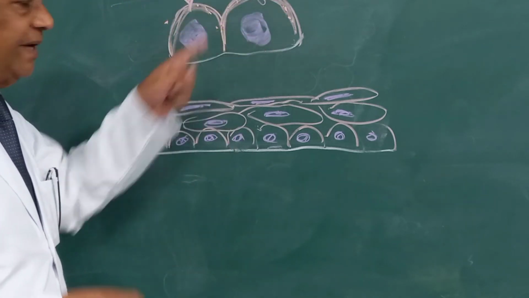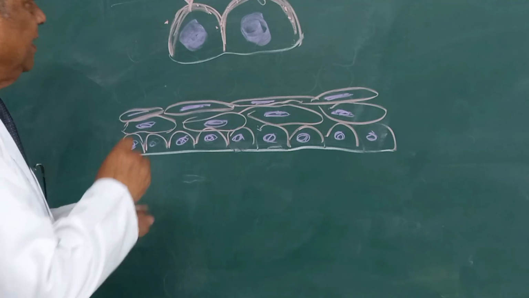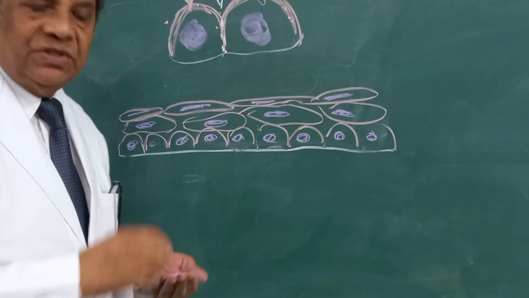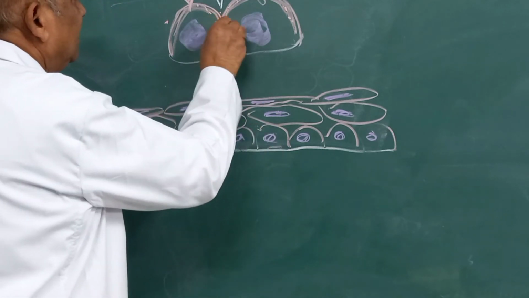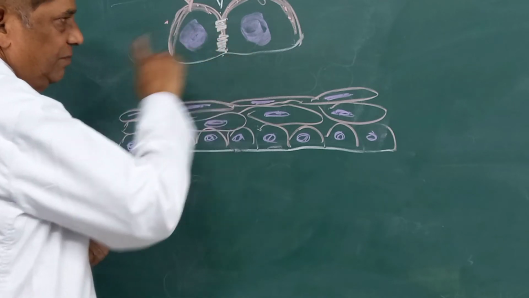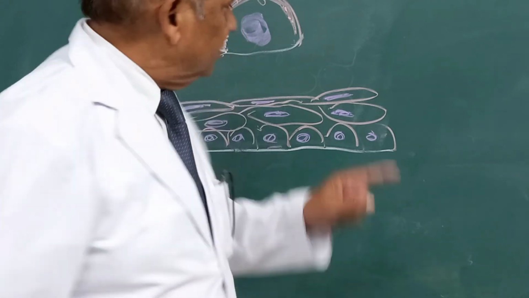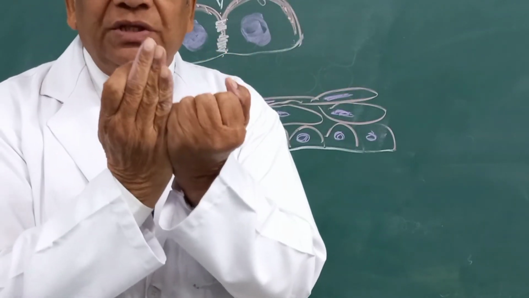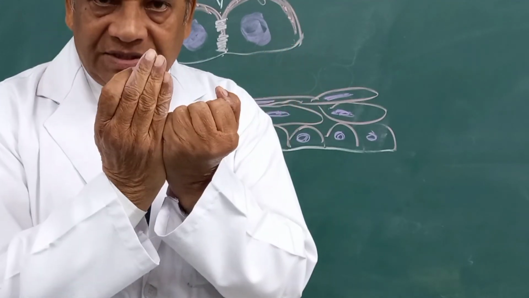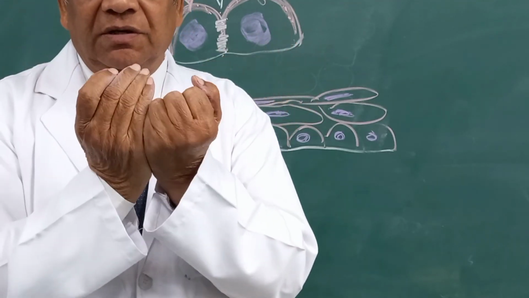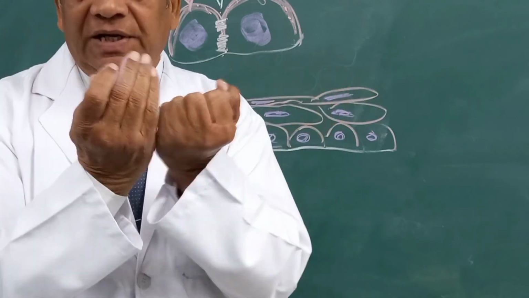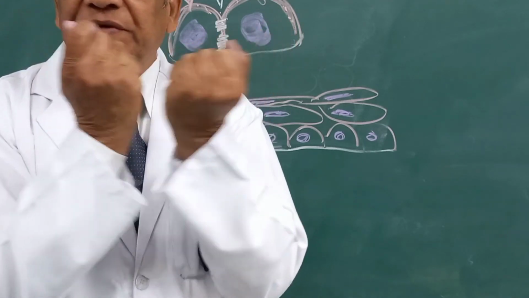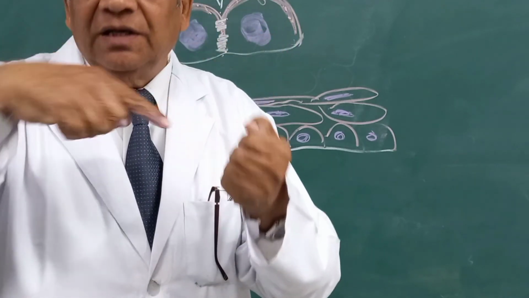This is true for the apical surface. What about the area between the two cells? Something can also go between the two cells from the surface. But this is also not possible, because the cells contact each other on their lateral surfaces, as I told you in the introductory class on histology, and they bind tightly to each other with the help of junctional complexes. The most important junctional complex in these umbrella-shaped, dome-shaped cells at the top is the tight junction, the zonula occludens, attaching adjacent cells tightly all around the circumference.